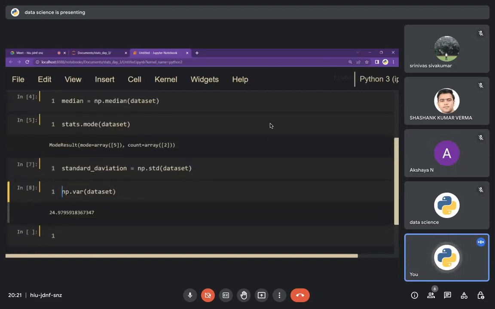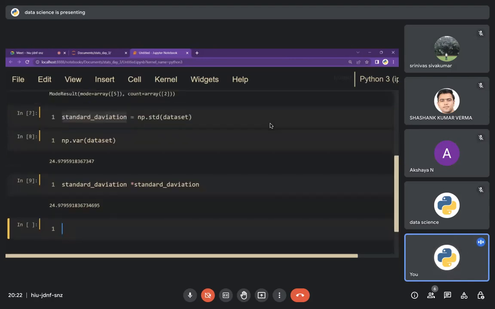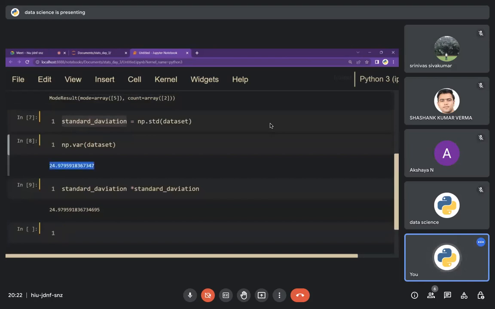If I do the power of 2, or multiply by the same number, you will get the same number. How did it come? Because the variance is the square of the standard deviation, right? That's why this value is coming like this.